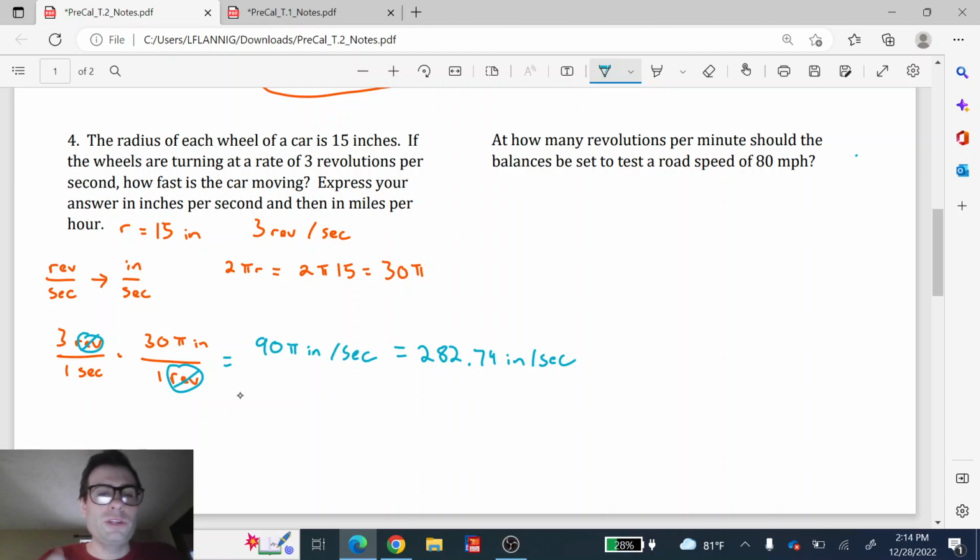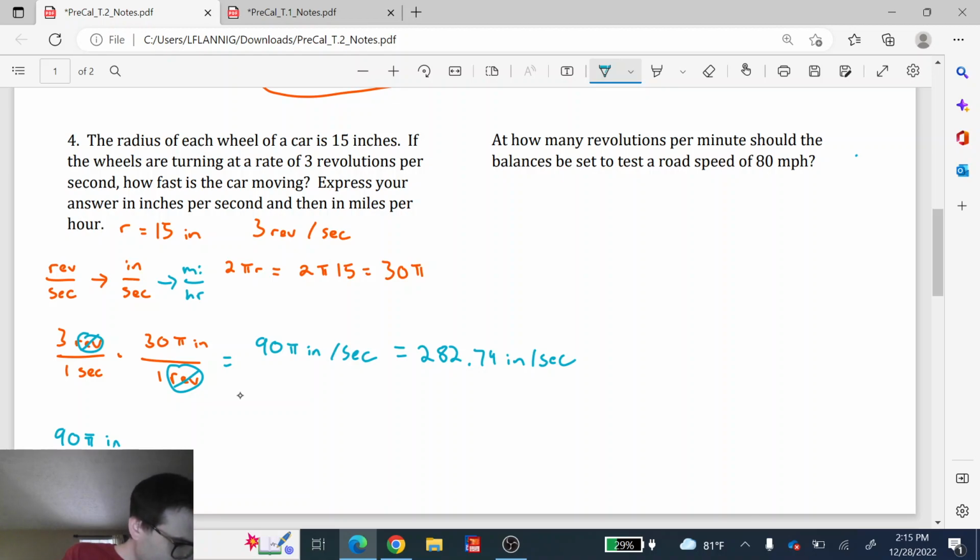And that's all well and good, but it also asks us for miles per hour as well. So when you want to do that, you have to do 90π inches per 1 second, and I want to convert that into miles per hour. So I had inches per second, now I want to go to miles per hour. So I have to convert inches to miles and seconds into hours.